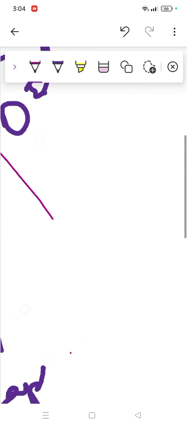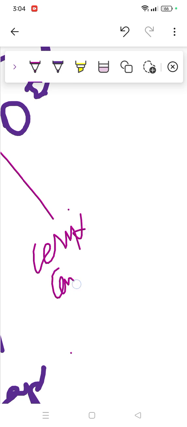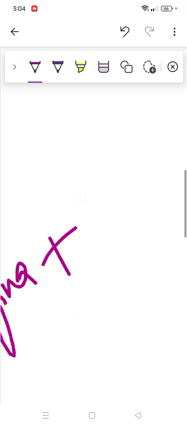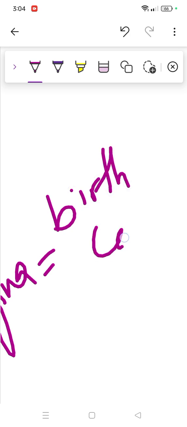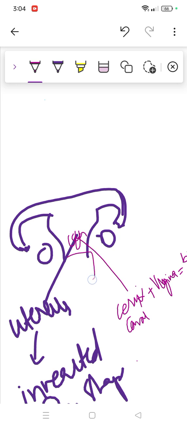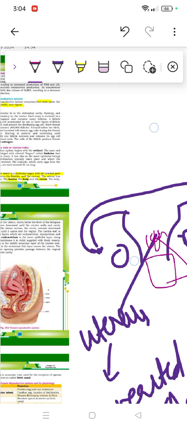When we talk about the birth, the cervical canal plus the vagina, which is the external genitalia, these both together are termed the birth canal. So this means birth can happen here, but there is involvement of the vagina. After the uterus we have a structure like this, that's called the vagina. So together these both are termed this one. I'm sure it's clear to you.